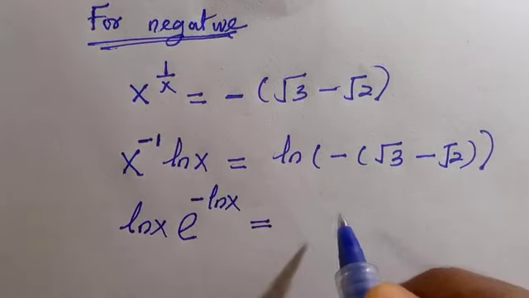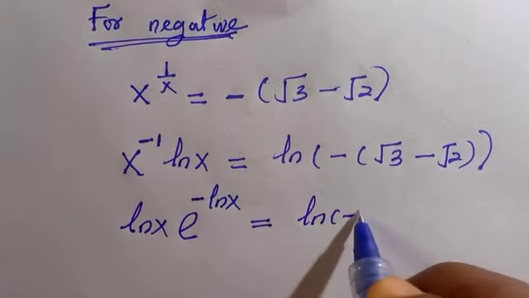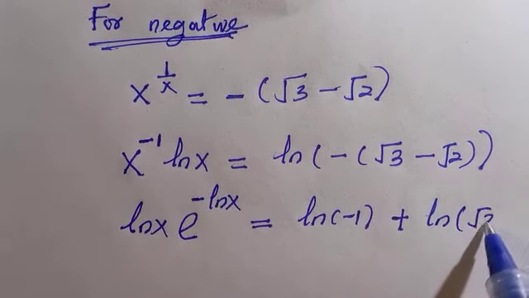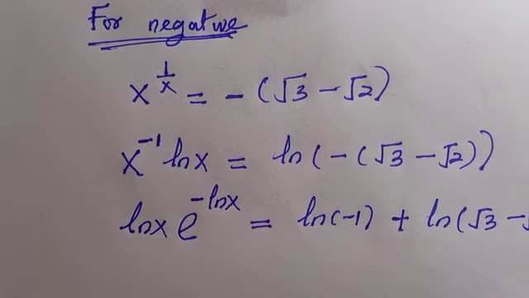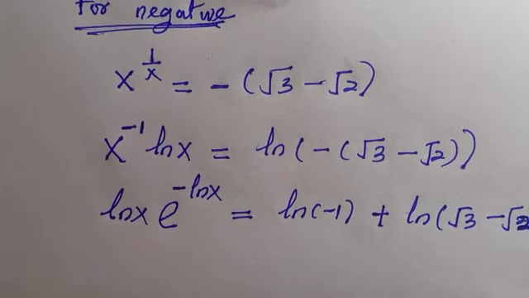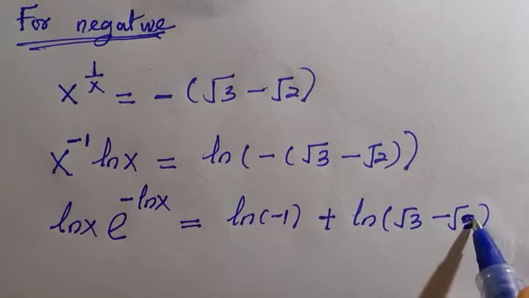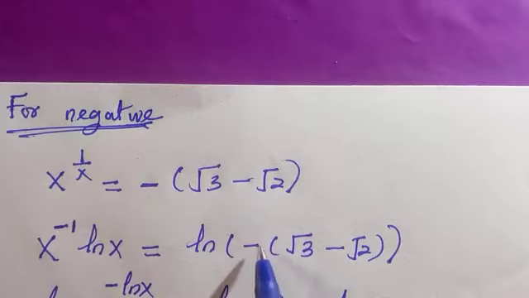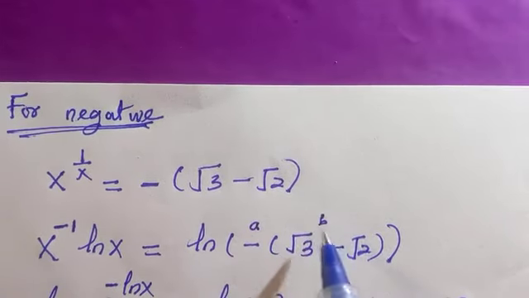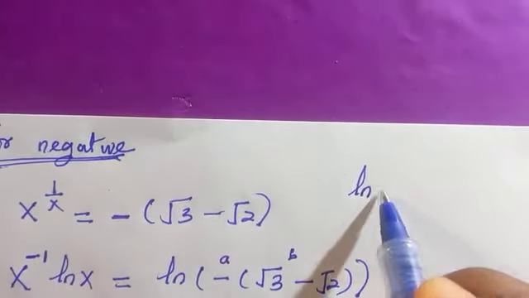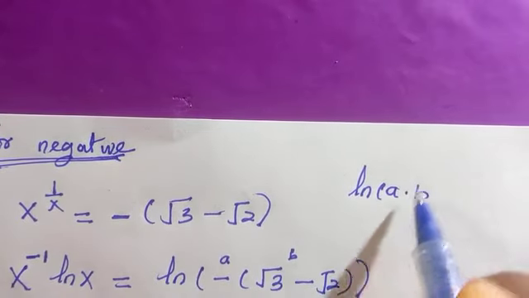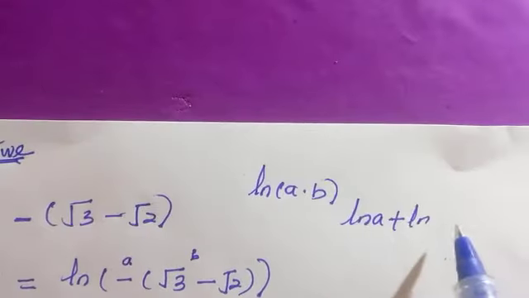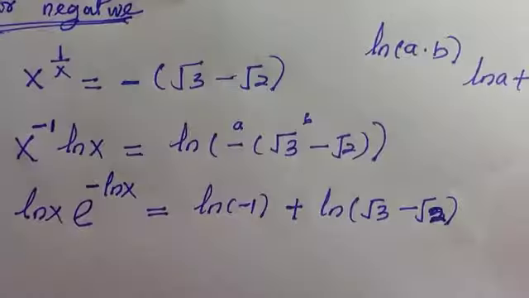Just as we did previously, we have negative ln of negative 1 plus ln of root 3 minus root 2. What I did here is separate the negative from root 3 minus root 2. Suppose the negative is a and all these are b. With the rule of indices that says ln of a times b becomes ln a plus ln b, that was what I applied, just like separations.